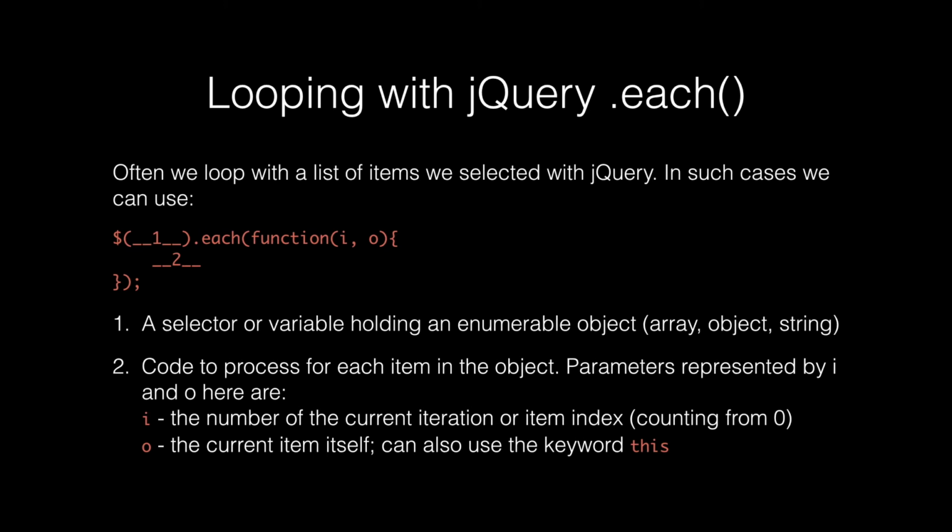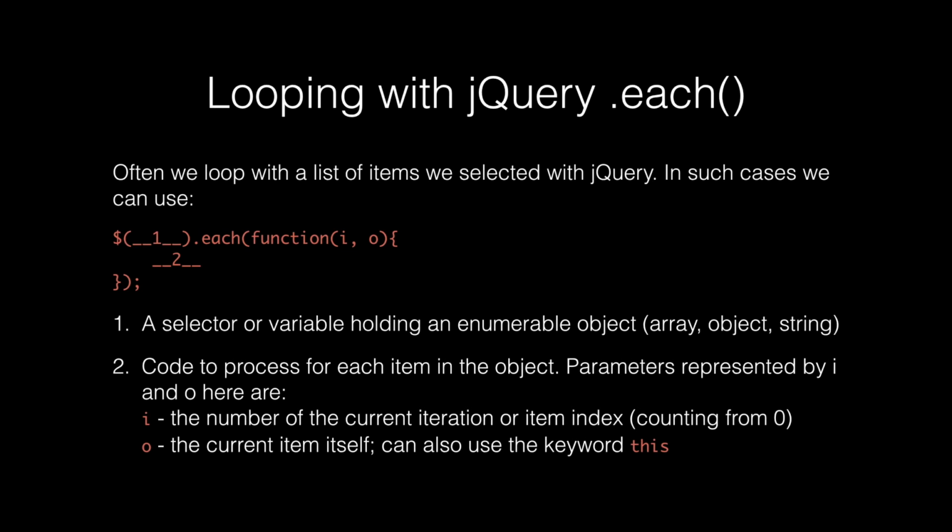how it works. So we start with some enumerable object, usually an array or some selection that results in an array. And then we have this structure that there's just a bunch of stuff here. So it's the each method, and it has a parenthesis set. So notice where the parenthesis opens right next to the each word, and it closes a few lines down before the semicolon.